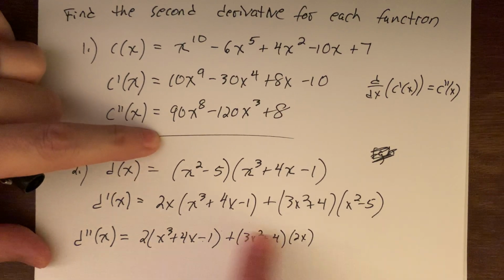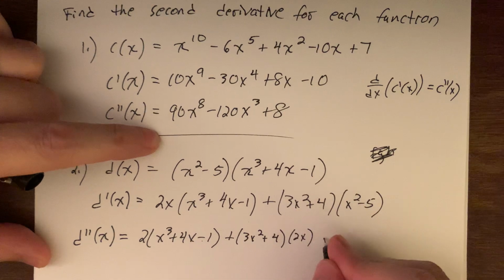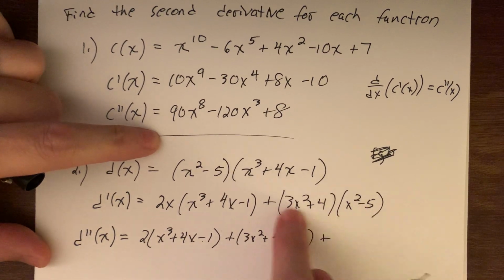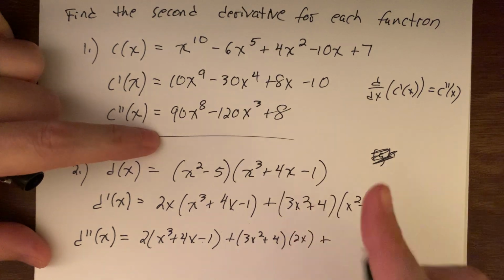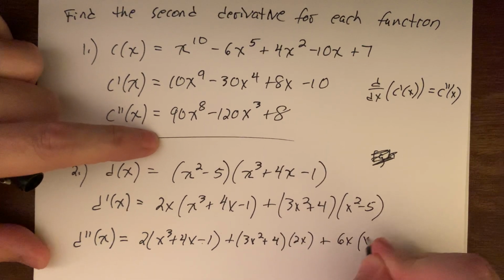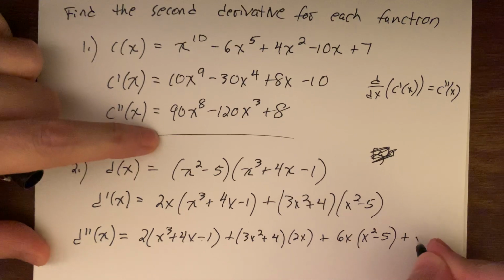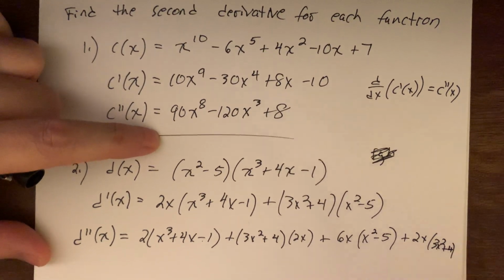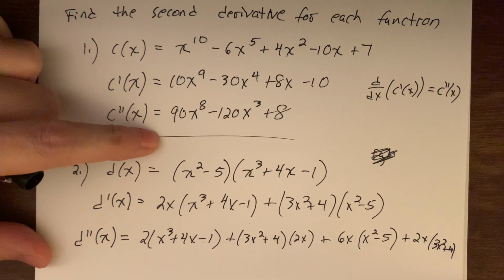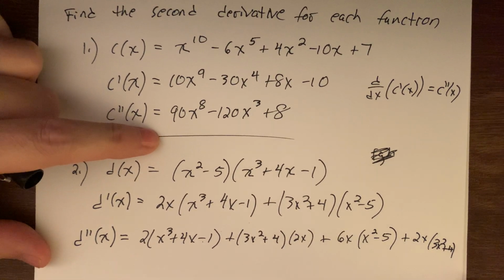That's product rule just for this. Plus, now I need a separate product rule just for this. But again, not that terrible. Derivative of the first, 6x, plain second, plus derivative of the second times plain first. So it wasn't the worst.